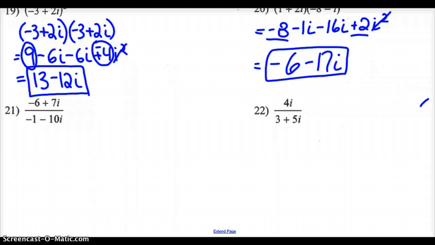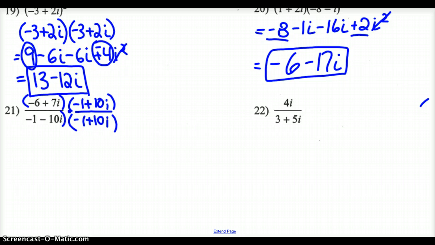These last two bring up a different prospect here. We have to multiply by the complex conjugate there and there, just a form of 1 over there on the right. So now we have to FOIL the top.